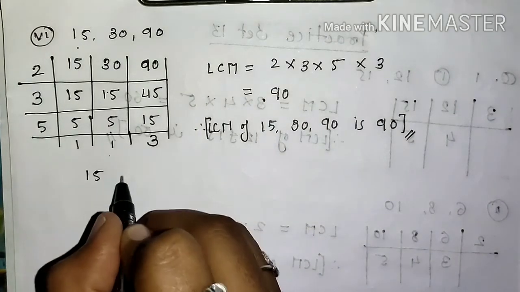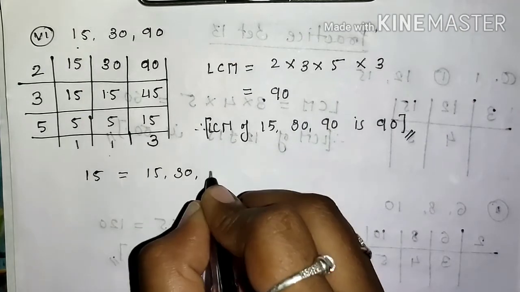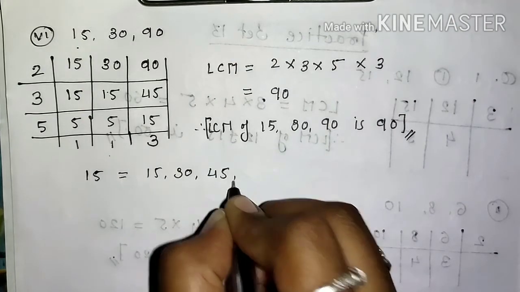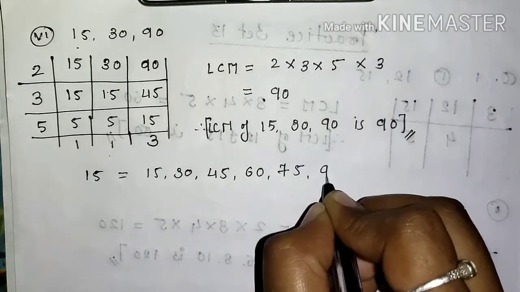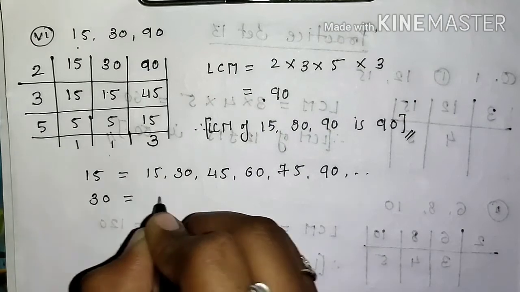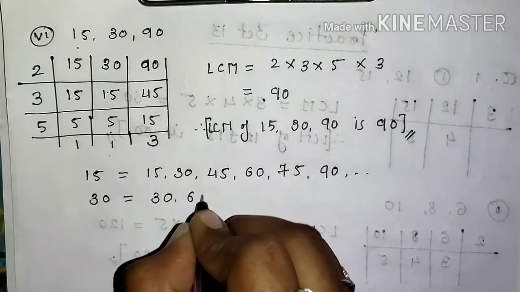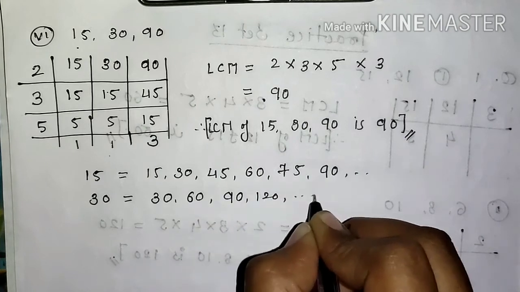So the multiples of 15 are 15, 30, 45, 60, 75, 90 and so on. 30's multiples will be 30, 60, 90, 120 and so on.